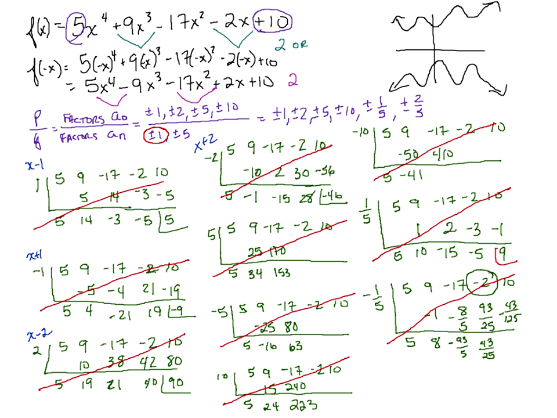Let's see, I'm putting it into my graphing calculator. 4x to the 4th plus 9x cubed minus 17x squared minus 2x plus 10. Okay, mine looks like it does.